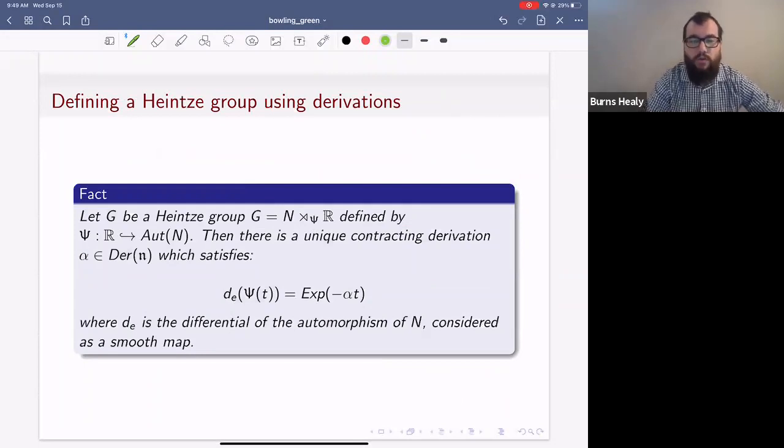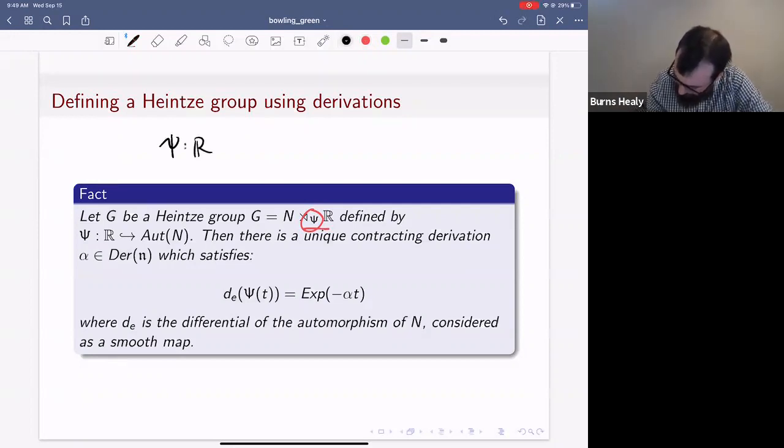If I have a group which is N semidirect R with one of these maps, then it's a Heintze group exactly when this psi here is defined by a contracting derivation. Okay, what I mean by defined by a contracting derivation, well, there's this really funny tower thing going on that confused me for a long time until I realized I was missing a step. What is psi?